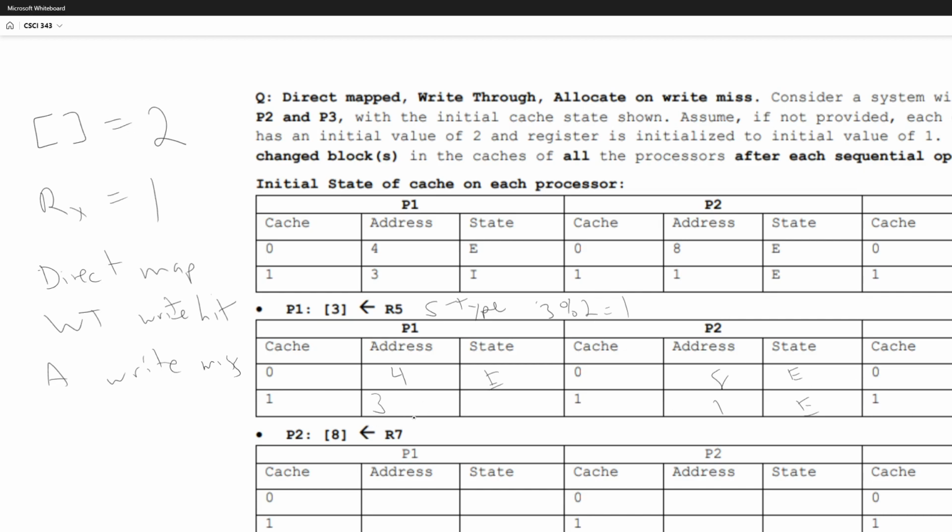So then this will have a 3. The state is going to go from invalid to shared, but then immediately, now that the allocation is done, it's going to write. It's write through. So update the cache and update main memory. So this will become exclusive, and then this one will become invalid after the write because the data just changed.